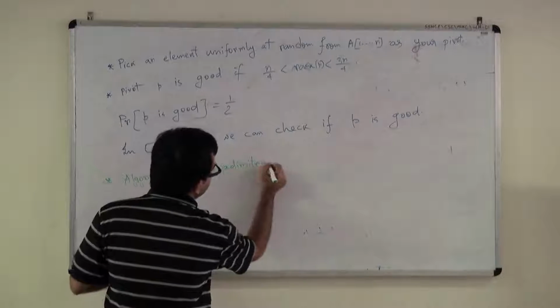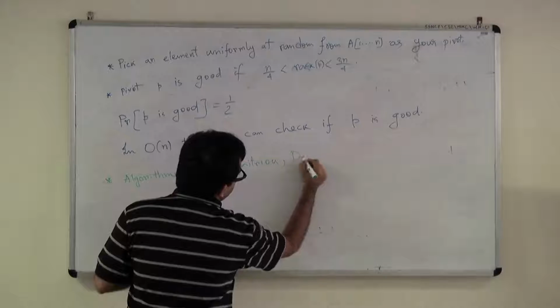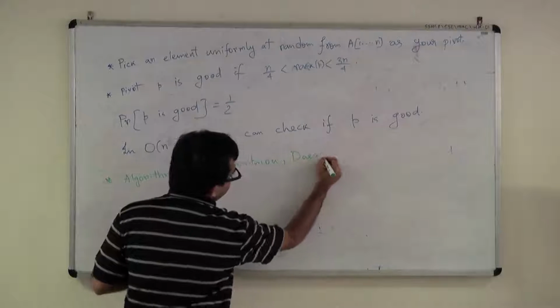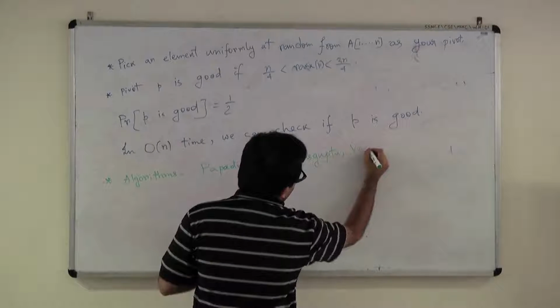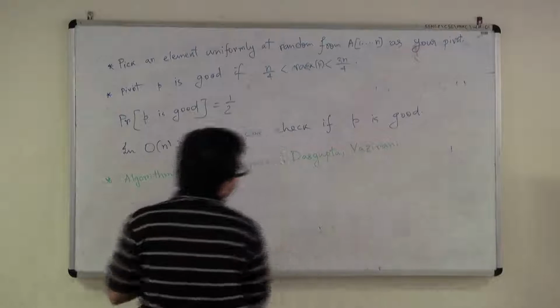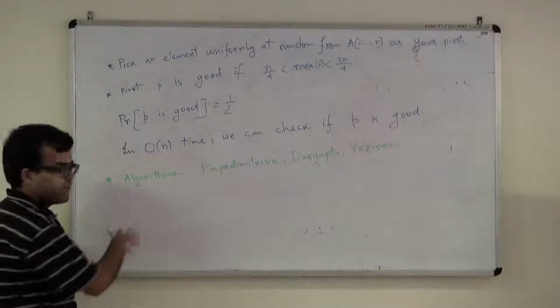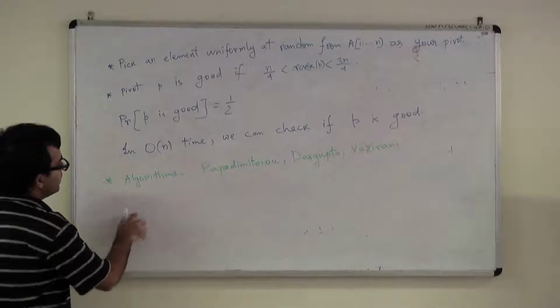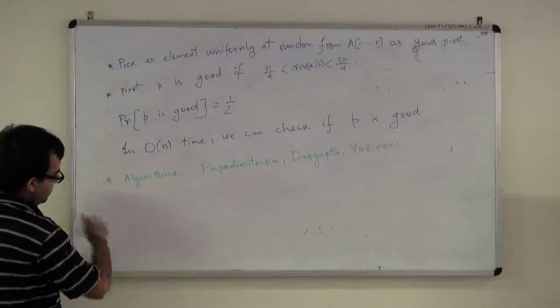Maybe I'm spelling it wrong, but you can just Google it. You can download it from the internet, and it is a very nice book, an introduction to undergrad algorithms.